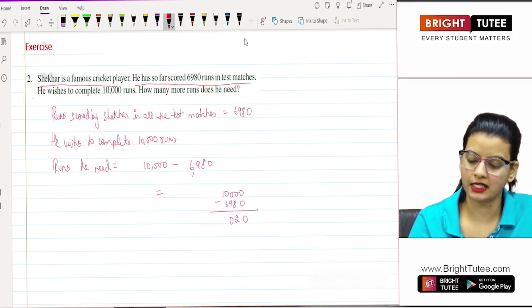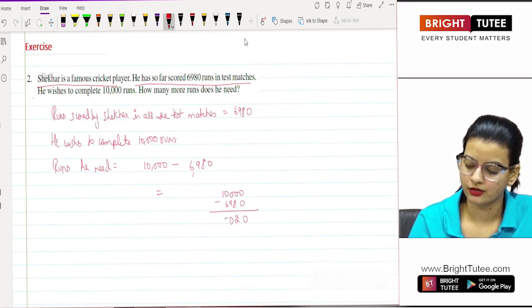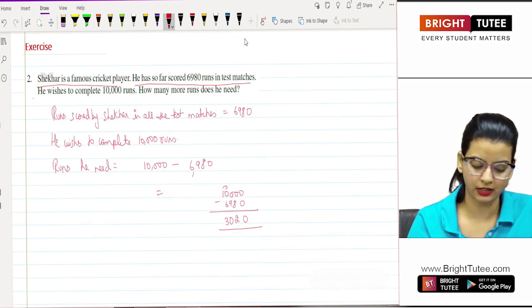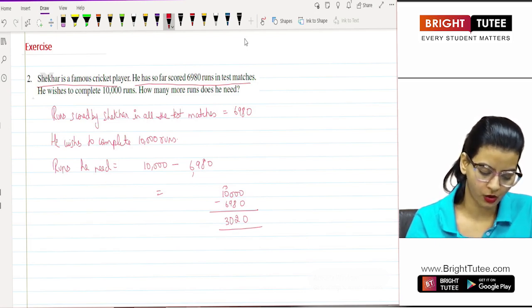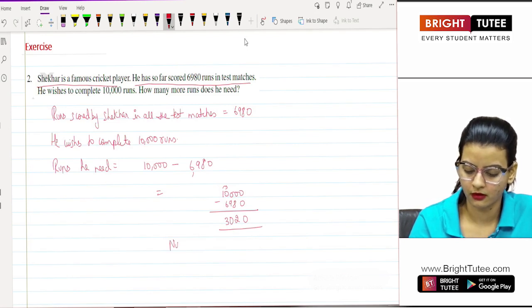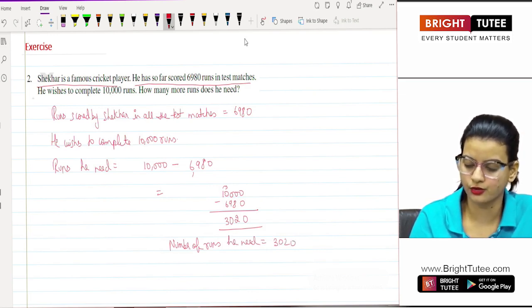And this becomes 9. 9 minus 6 is 3. And one has given the borrow to the others. So finally it becomes 3,020. So number of runs he needs is equal to 3,020.